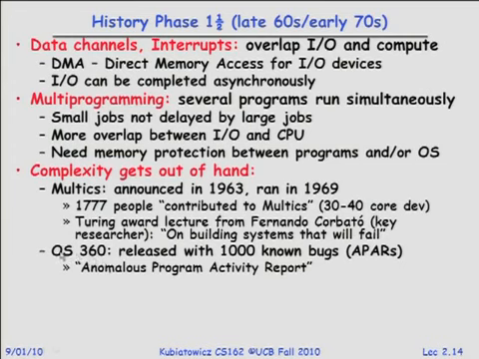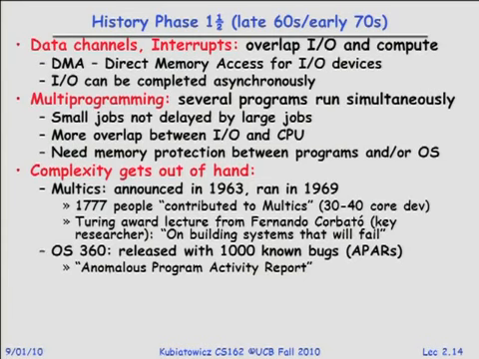There's another kind of operating system that's very similar in time to Multics: OS/360 was released. This is IBM's operating system, released with 1,000 known bugs, or APARs, which is IBM speak for anomalous program activity reports. So we're going to release this brand new operating system and it's got 1,000 APARs.